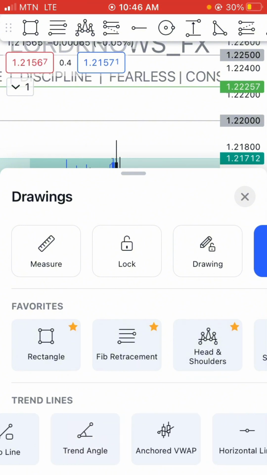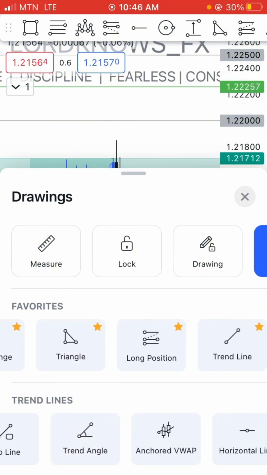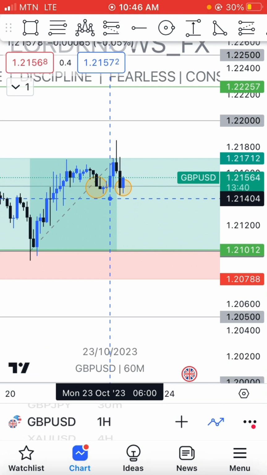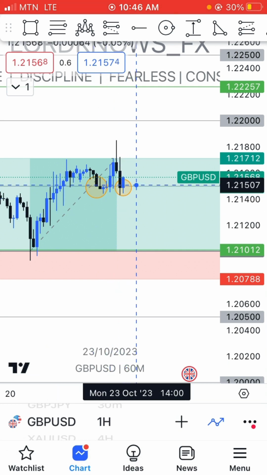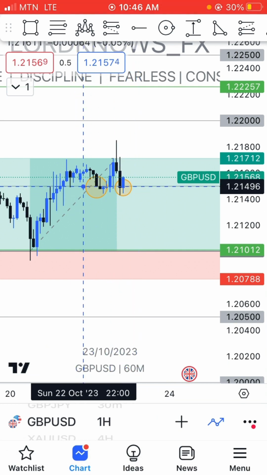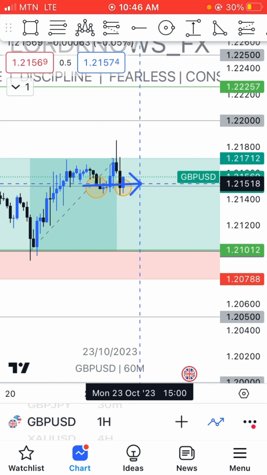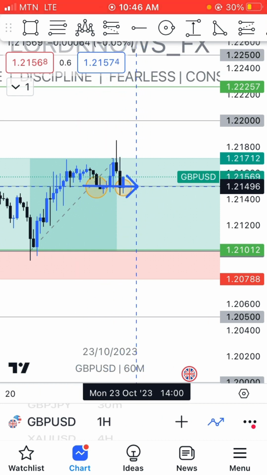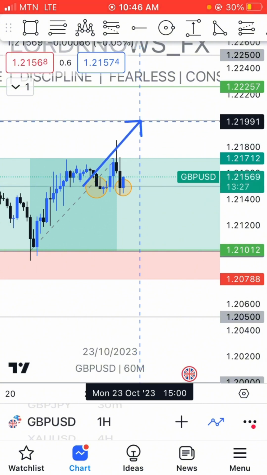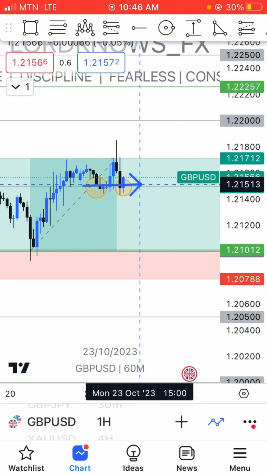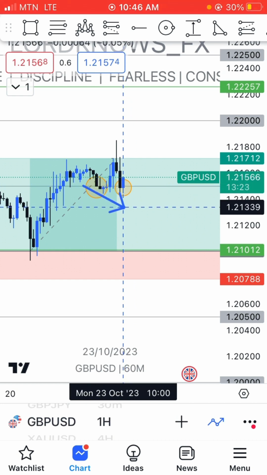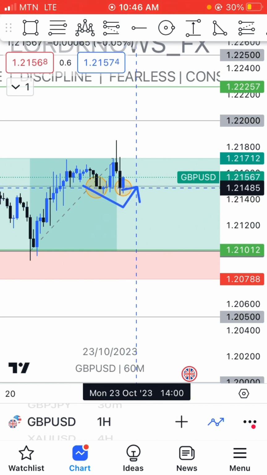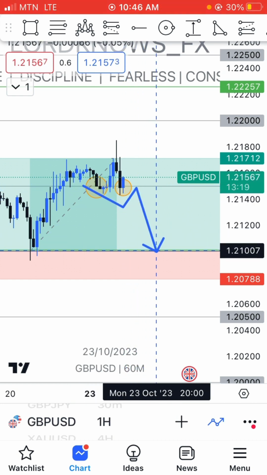So I'm expecting the market to not break this support level. This is a support level, here is a support level, this side is a support level. If it doesn't break this support level, then it's coming for this. But if it breaks this support level, there will be a pullback, something like this, before it comes down to this zone.